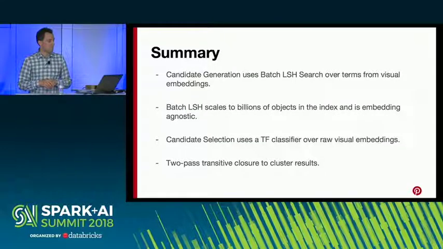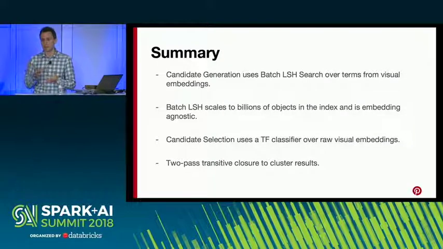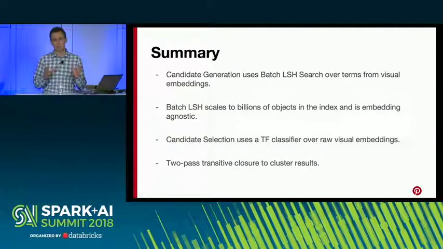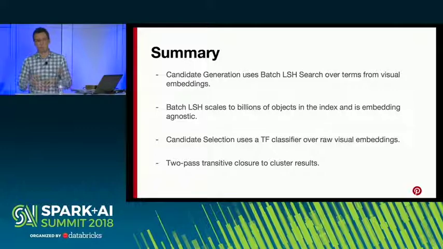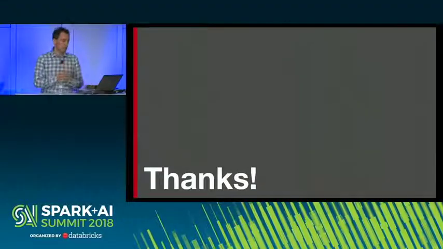And then we leverage a neural network to prune the candidates and basically get down to the actual true positives via a candidate selection step. And then I haven't talked as much about two-pass transitive closure, but this is an approximation technique to actually partition an entire image universe into pseudo reflexive classes. So that's all I wanted to talk about today.